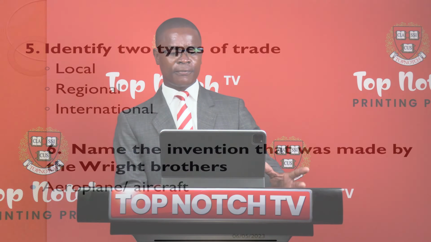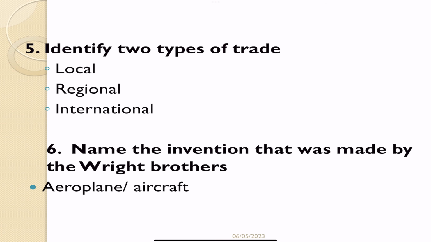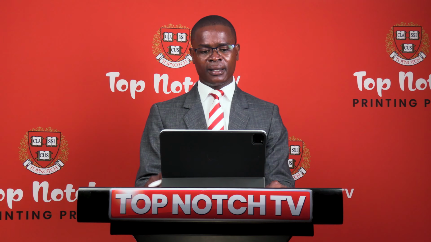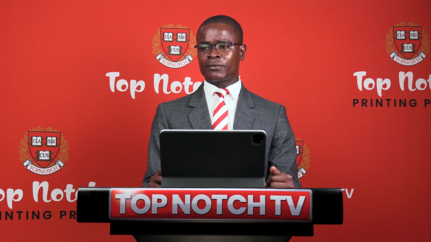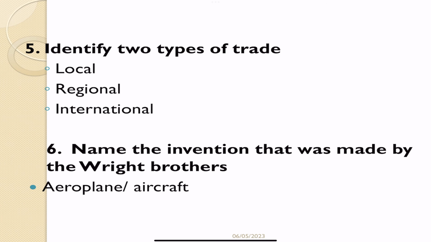Number 5, we have identify 2 types of trade, which is tested from the topic trade in Form 2 work. That is our first topic in Form 2 work, trade. We've been asked about the types of trade. The types of trade include local, regional, international.